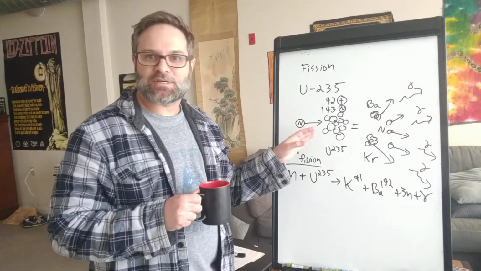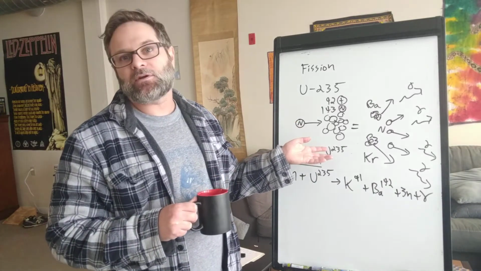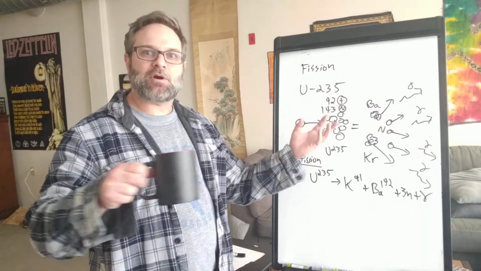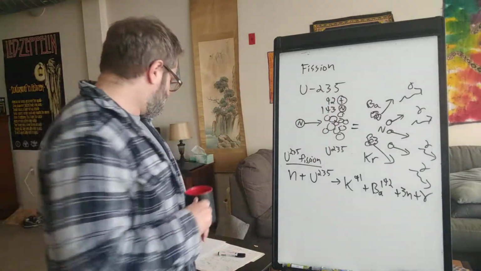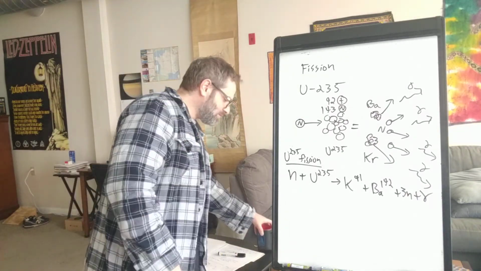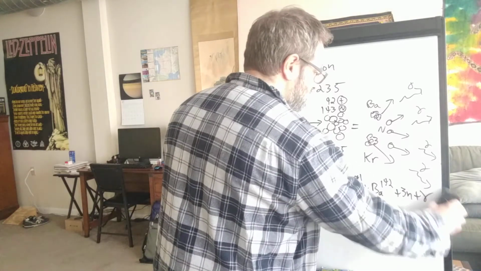This is one of the ways you can make nuclear energy. The other is with the opposite process. Instead of blowing atoms apart, you can stick them together. Okay? So this is called fusion. There's lots of different fusion reactions. I'll just write down one.